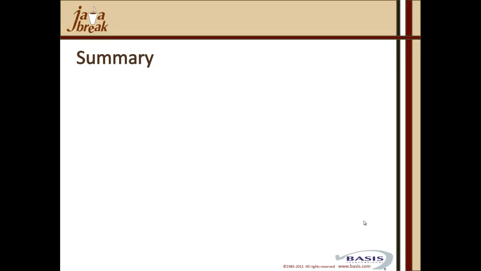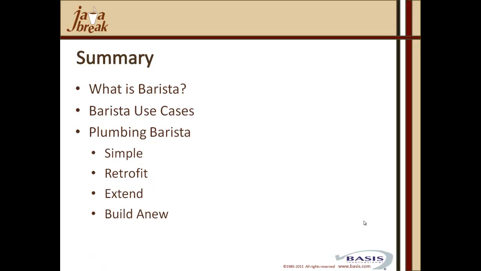Great, let's review what we've covered. In summary, we've reminded ourselves of what Barista can do for us, what it is. We've spoken about the Barista use cases, and we've looked at examples of how we can plumb Barista into some pre-existing BBJ code. Barista may not be able to provide us with 100% of our application requirements, but we can handcraft that code in BBJ or in App Builder, and retrofit it with the Barista plumbing.